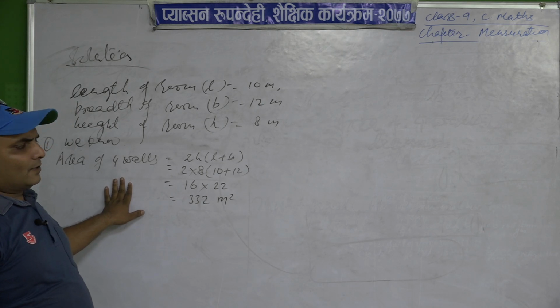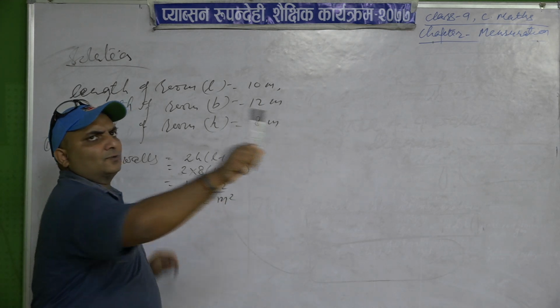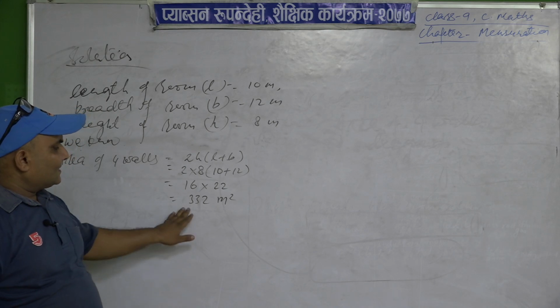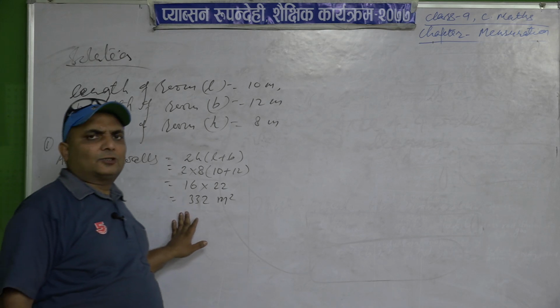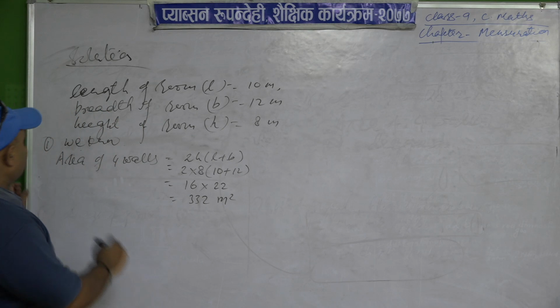So the area of 4 walls, area of this wall, this wall, this wall and this wall, that is 352 meter square.